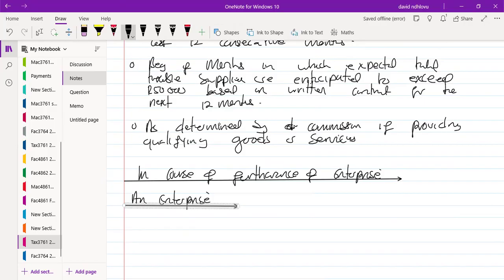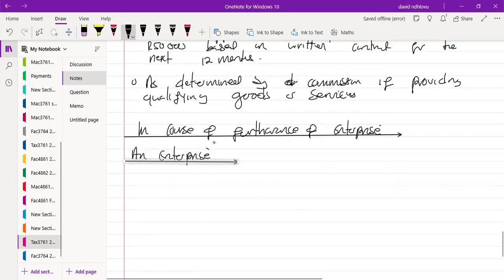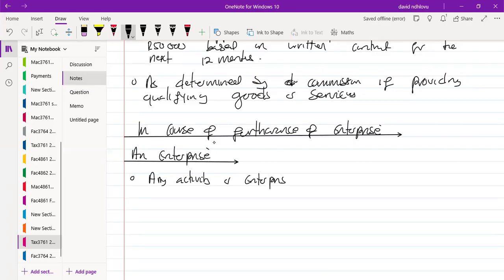When we talk about the definition of enterprise, officially the VAT Act says any activity, or enterprise. They actually use the word enterprise, but you can substitute that for activity.